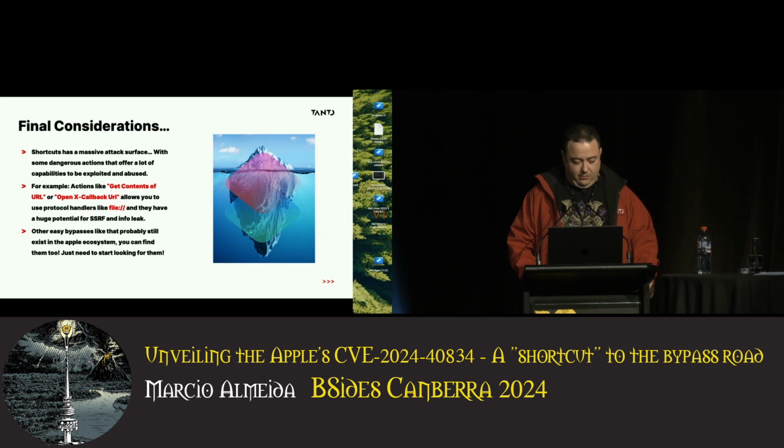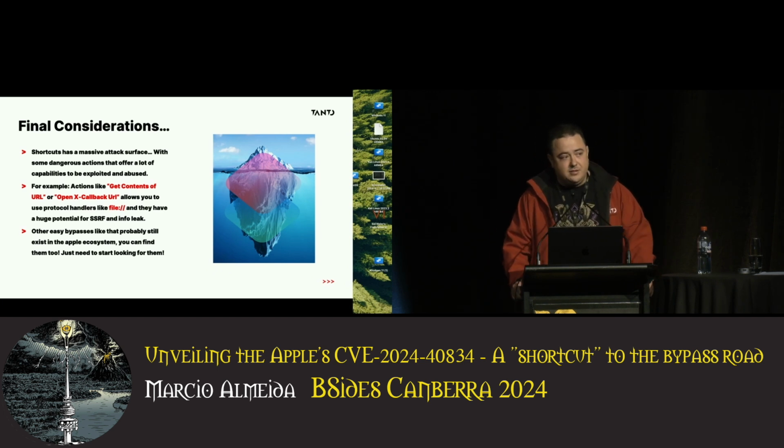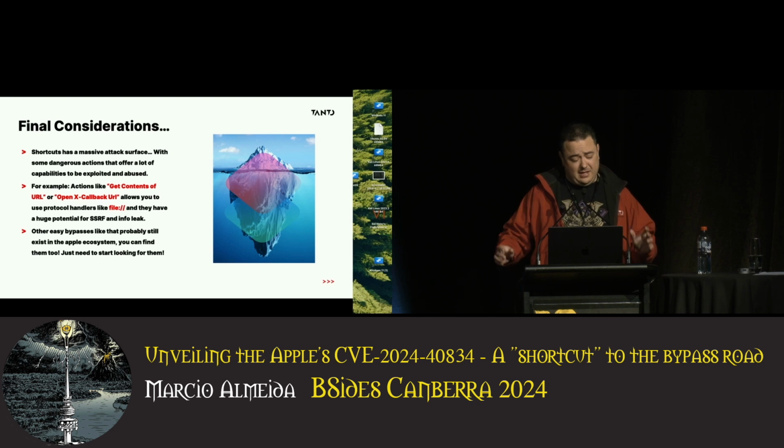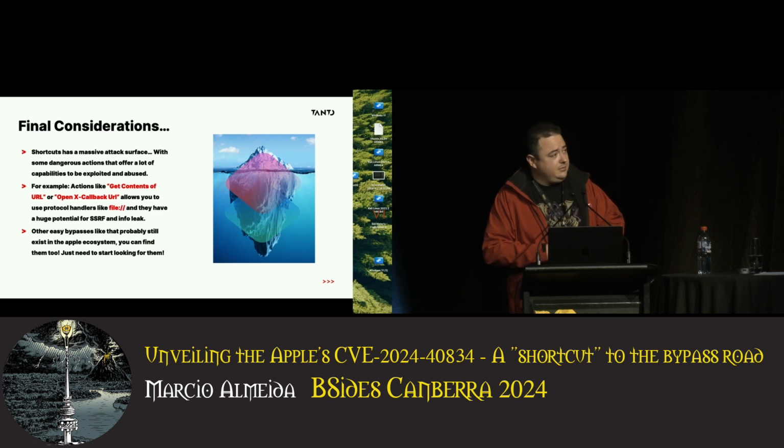Yeah, so final considerations about this talk. I told you guys it was going to be a quick one. So the shortcuts have a massive attack surface, guys. As you saw, it has a lot of potential, a lot of dangerous things that can be used, a lot of file manipulation, and we're not even touching the surface here.